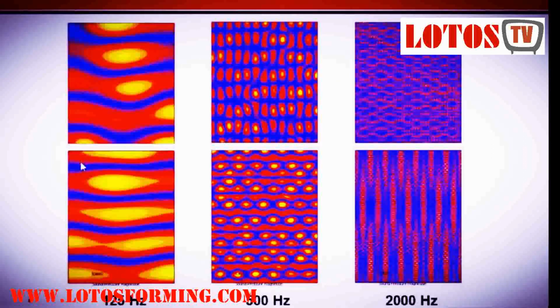Here you can see the pressure distribution in the source room, and this is the distribution in the receiving room at a frequency of 125 Hertz, and this is a higher frequency.